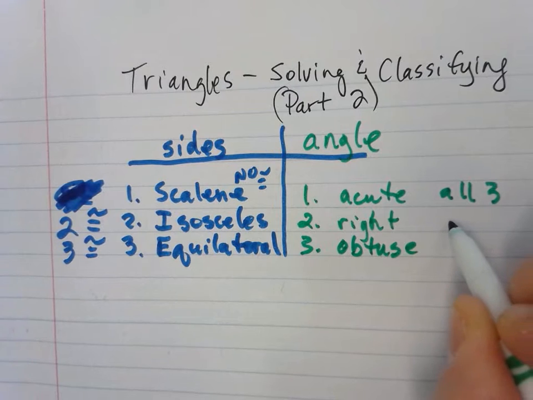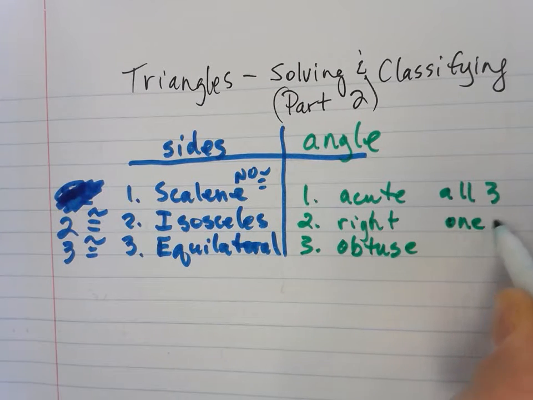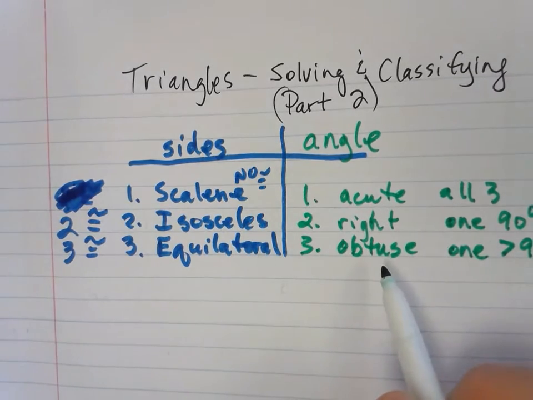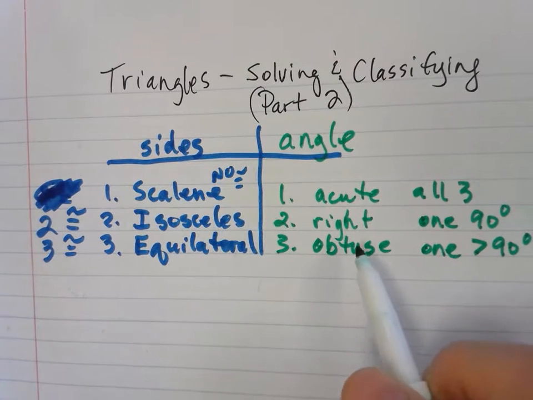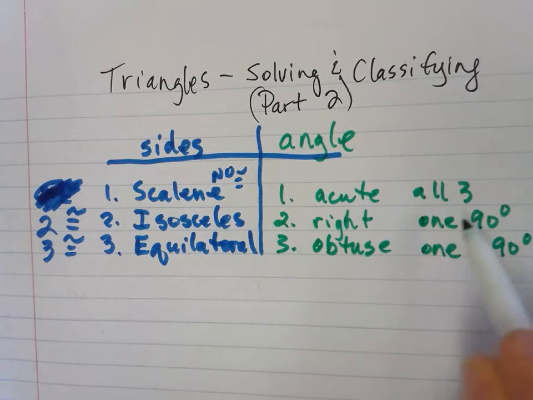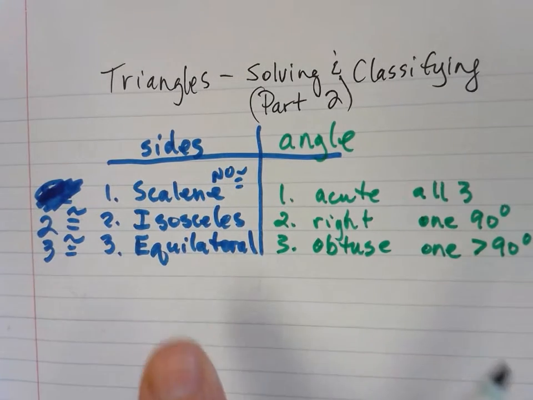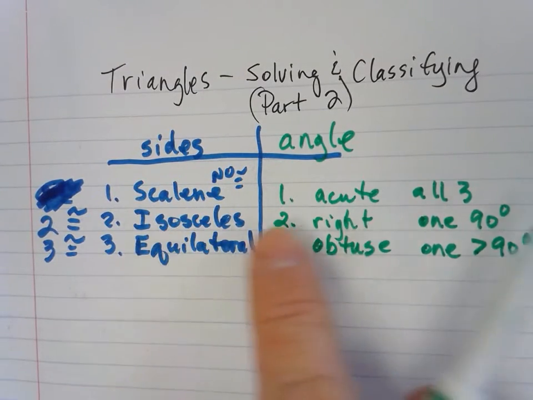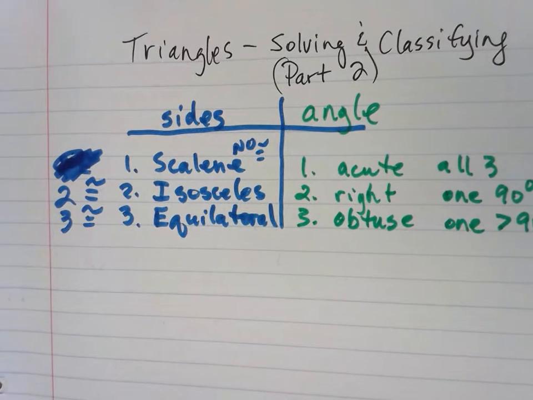If it's right, it has one 90-degree angle in it. If it's obtuse, it's going to have one greater than 90-degree angle in it. So if it's got one obtuse angle in it, it's obtuse. If it's got one right angle in it, it's right. If it's got all three angles that are less than 90, that means it's acute. Remember, you're going to pick one from these choices, one from these choices.